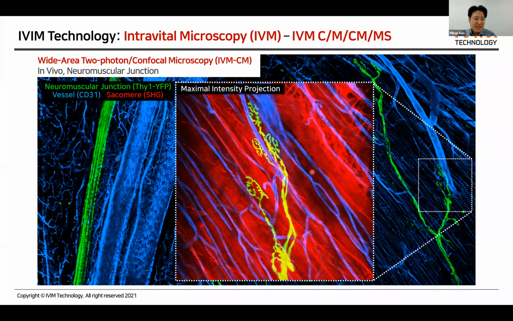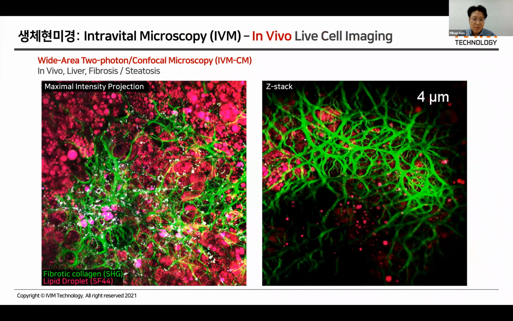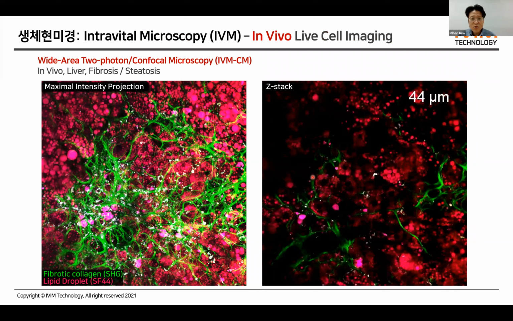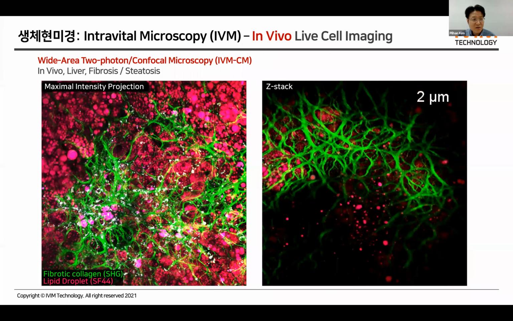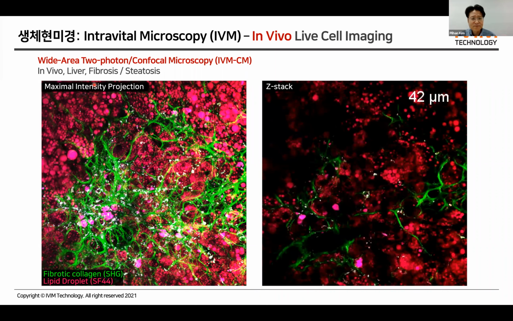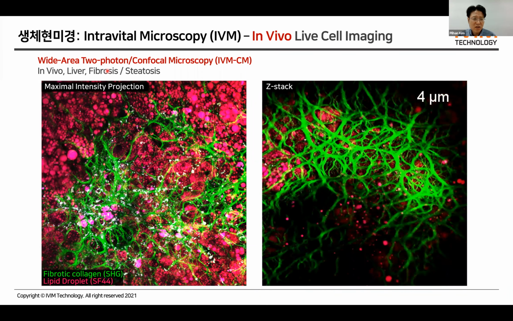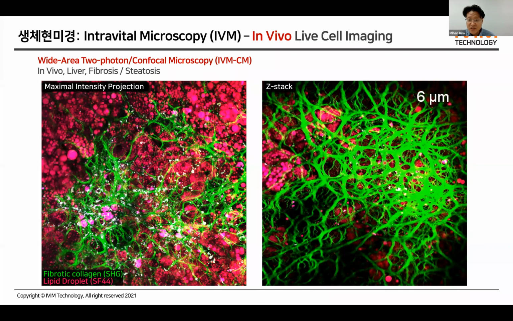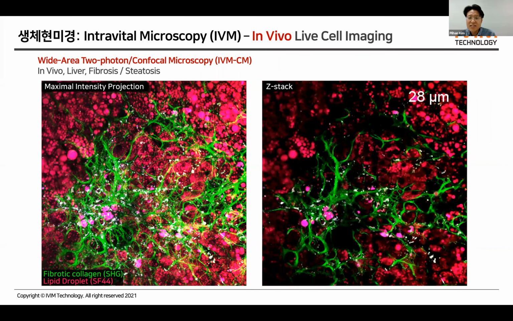And then as this second harmonic generation is a very good technique to image the fibrotic collagen in live animal, this is another example we obtained from the liver fibrosis animal model in vivo, and also the liver steatosis. So this is the real GSTAC image sequence obtained from this liver fibrosis mouse model with steatosis.